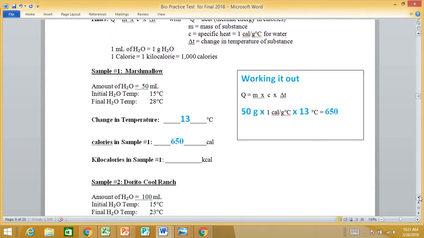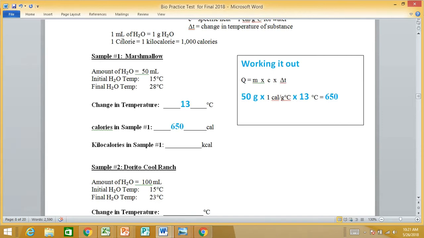Well, that's where it gets a little trickier, right? So 1 Calorie with a capital C, which is what you see in your foods or in packaging and labels, is equal to a kilocalorie. And that is also equal to 1,000 of these lesser calories, the lowercase c.